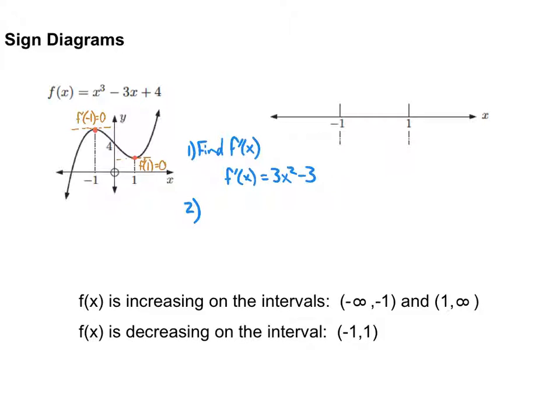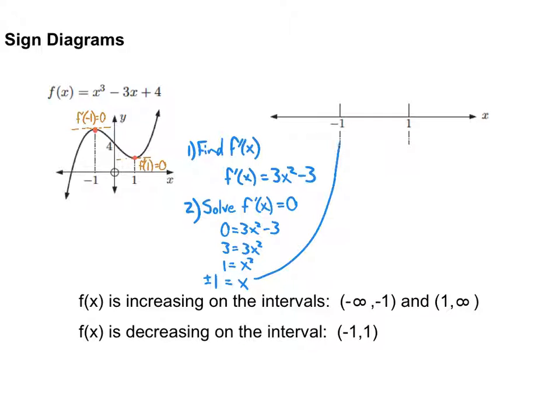So what I would do next is solve f prime of x equals 0, because that's going to give us the values that separate the intervals. If I put 0 equal to 3x squared minus 3, I could add 3, divide by 3, and take the square root, and notice I get plus or minus 1.